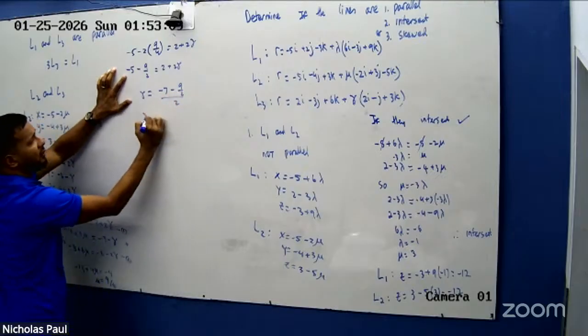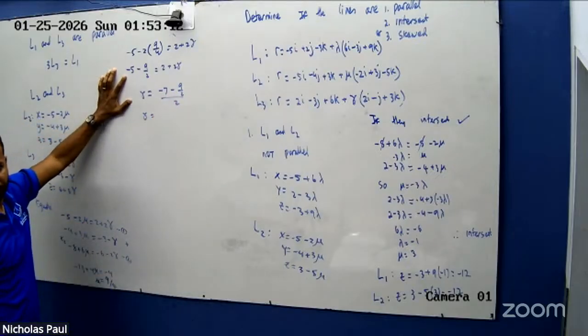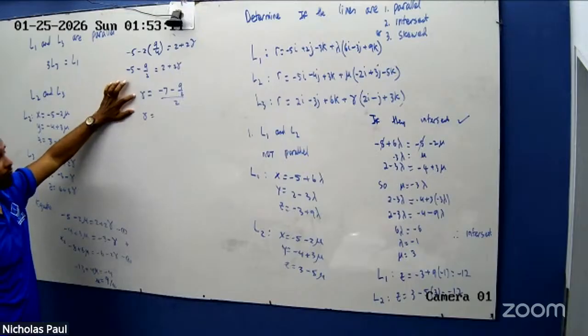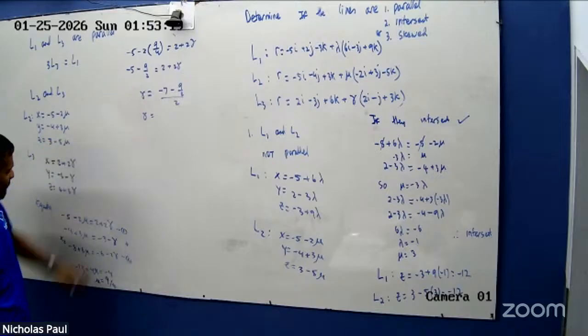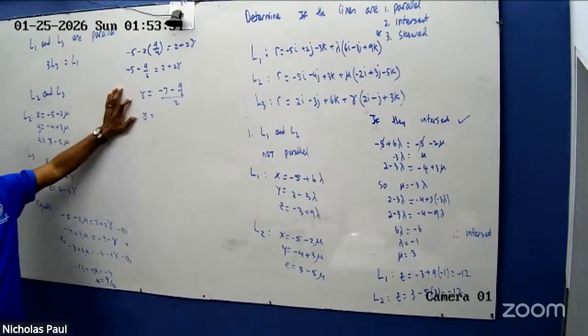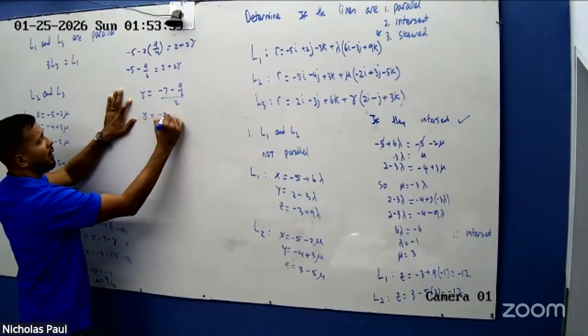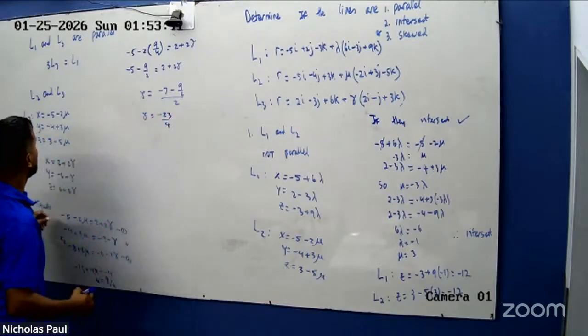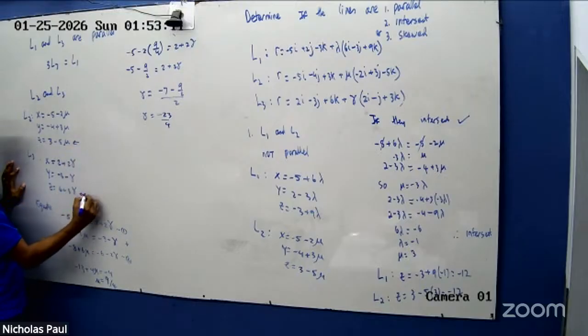Gamma is how much? Put it in the calculator now. Minus 23 on 4. And lastly, we had to find Z.